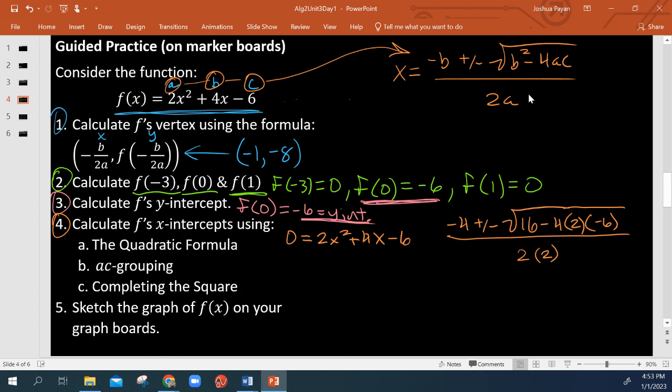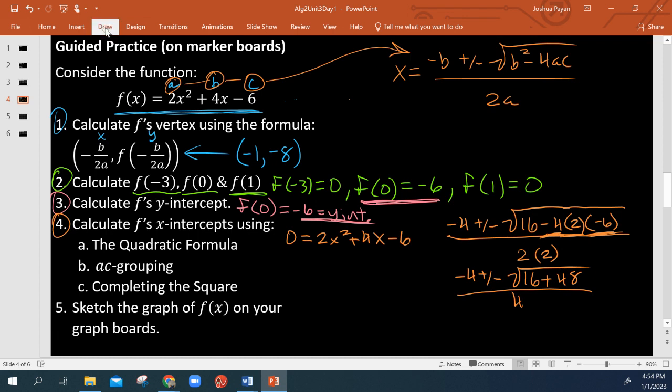Okay, and we can just start simplifying. So negative 4 plus or minus. Negative 4 times 2 is negative 8. Negative 8 times negative 6, brain fart, is going to be positive 48. So we've really got 16 plus 48, all of that, over 2 times 2, which is 4.